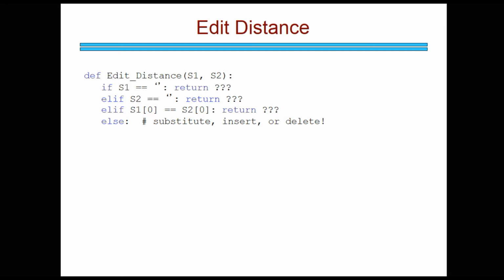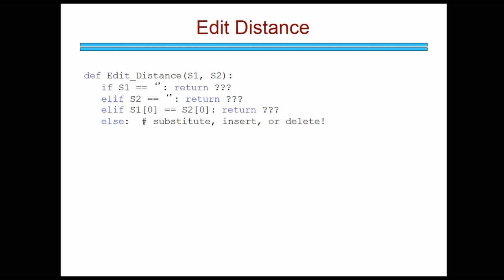If we want to write this function in a recursive way, we need to think about the base cases. We can consider 3 base cases. When one of the strings is empty, so for instance if S1 is empty, we just need to insert all the characters into it.